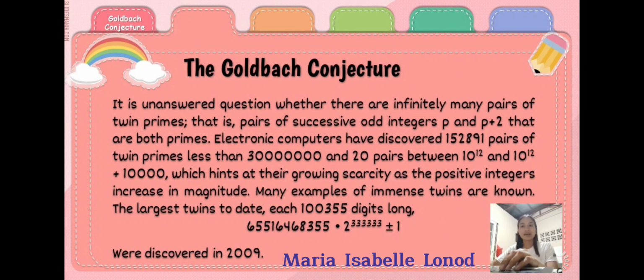Many examples of immense twins are known. The largest twins to date are each about 100,355 digits long. Imagine that, a certain number would be very massive and big.